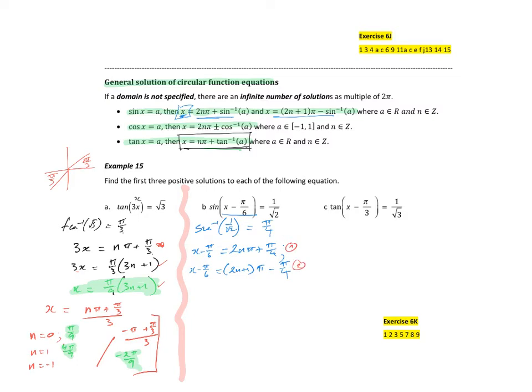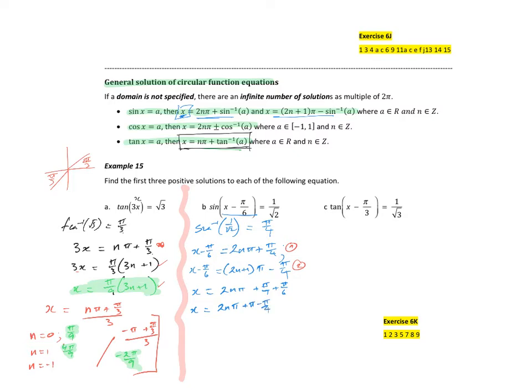Now I just rearrange, take pi on 6 across, so I get 2n pi plus pi on 4 plus pi on 6. In my second equation, x will be equal to, I might expand this bracket first to make the rule a bit easier, 2n pi plus pi minus pi on 4.